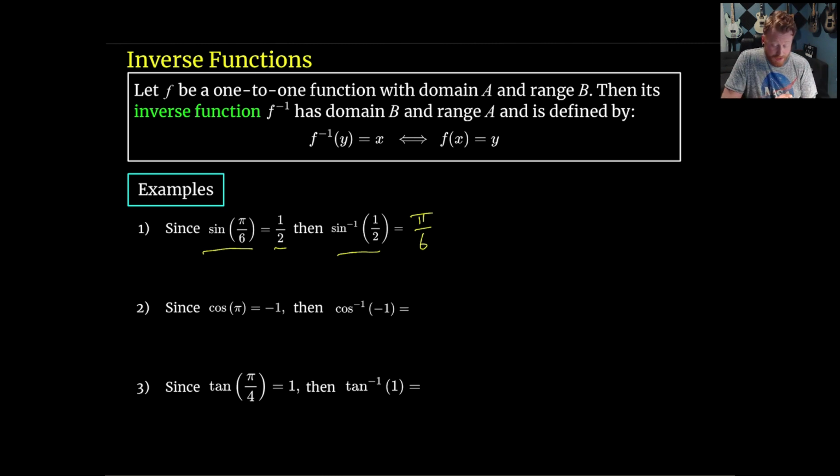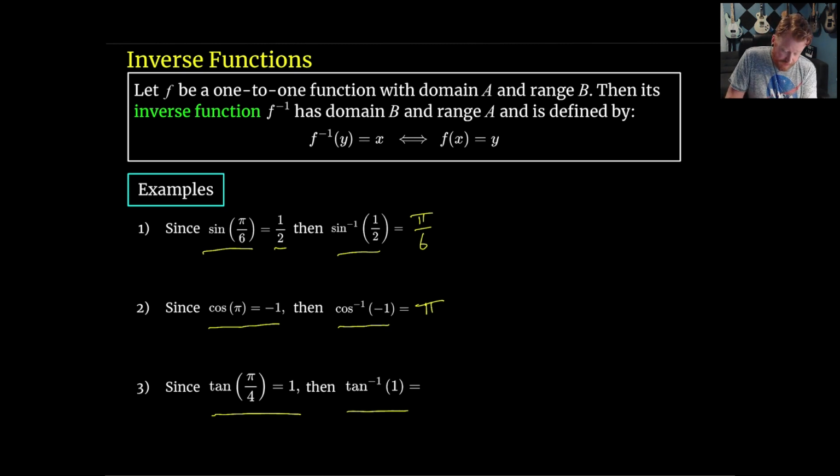Going forward, we might need to be a little bit more careful with what's going on. Here we have the cosine of pi being mapped to -1. That is something that we know is true. So once we define the cosine inverse of -1, that would send it right back to pi, right back to where it started from. And then we've got the tangent of pi over 4. We know that that's equal to 1.